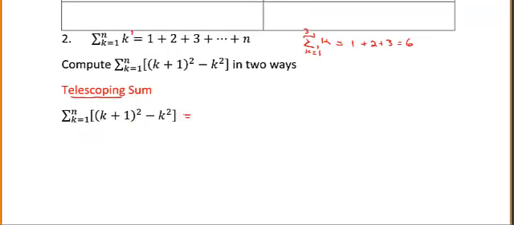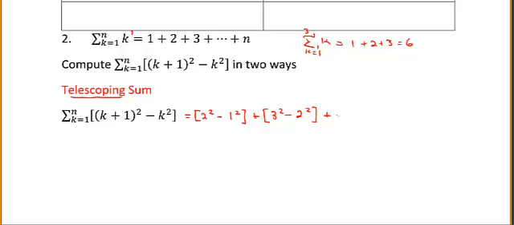Let's write out a few terms of this. When k is equal to 1, k plus 1 will be 2, so this will be 2 squared minus 1 squared, of course 4 minus 1. We could combine those, but it's more helpful to look at it like this. When k is equal to 2, this will be 3, so we'll have 3 squared minus 2 squared.